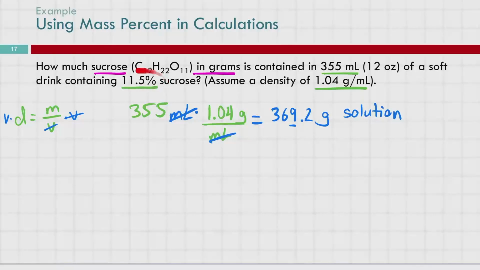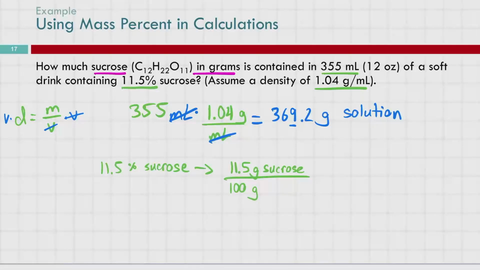And we were also given this 11.5% sucrose. So 11.5% sucrose, we can rewrite that as 11.5 grams of sucrose per 100 grams solution.